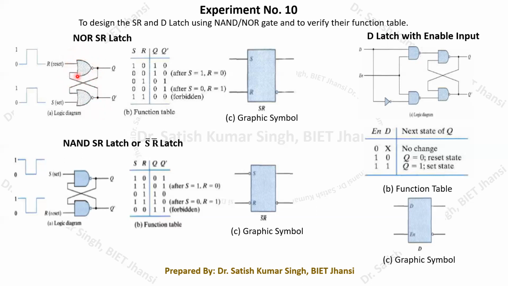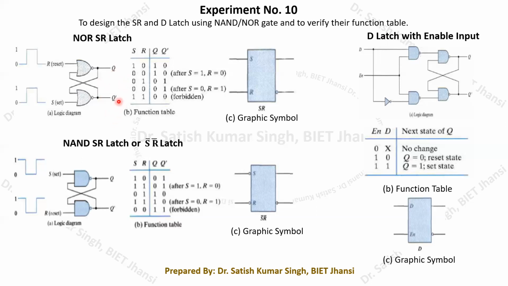This way we make a cross coupled connection of the two NOR gates, and then we apply a proper set of inputs to the two remaining pins so that a particular function can be obtained. From this circuit diagram we can see that we have two outputs, referred to here as Q and Q bar.